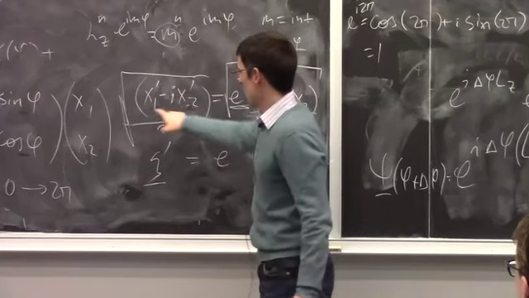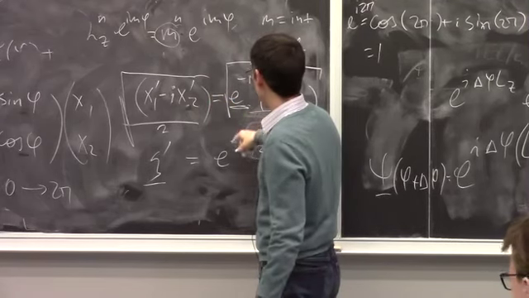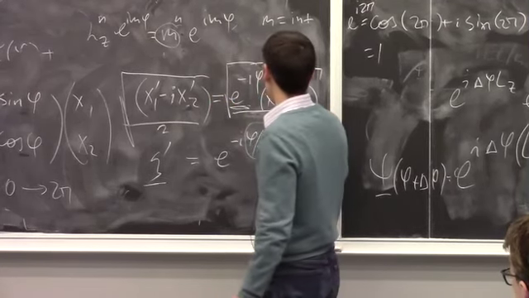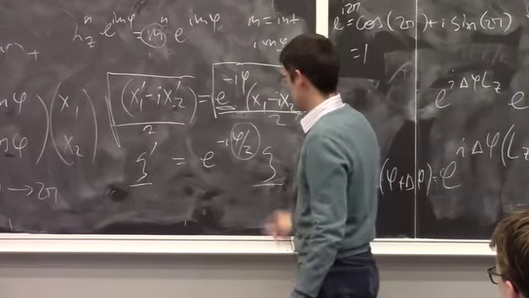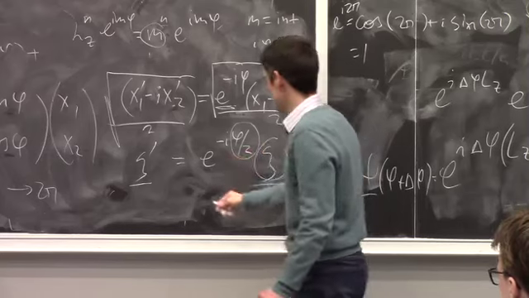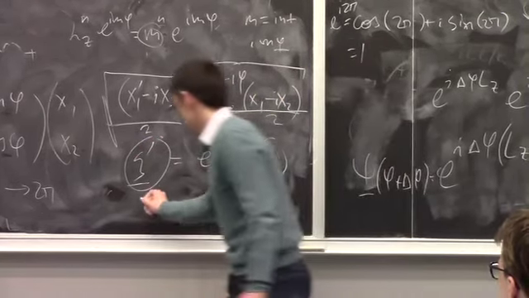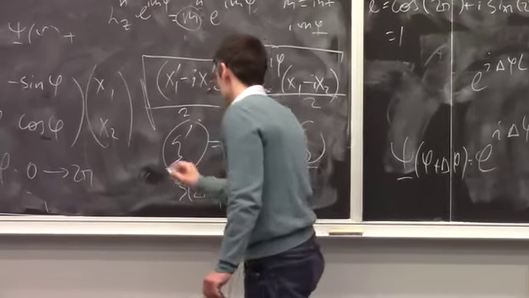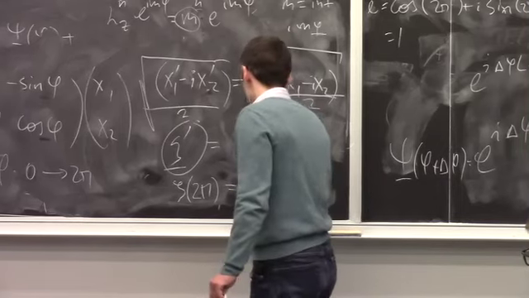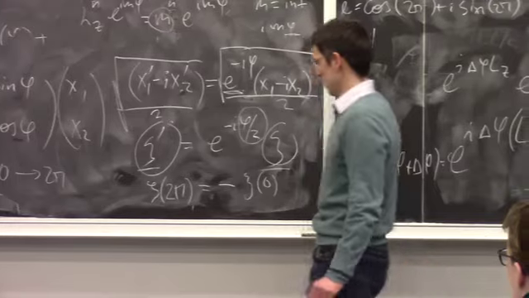What is important is how x1 and x2 transform. They have this exponent of phi in front. So the half stays with this and forms psi. So you can still write this. And the main point here is that if you have psi that you arrive at when you rotate by 2 pi, it will be minus the psi that you had originally.